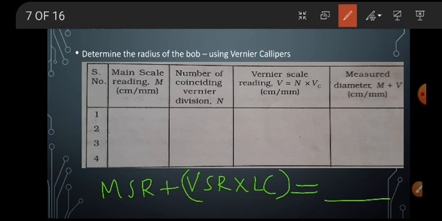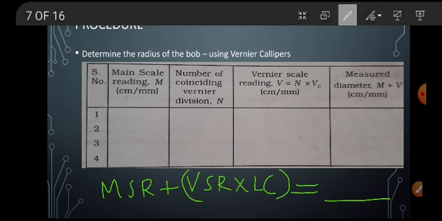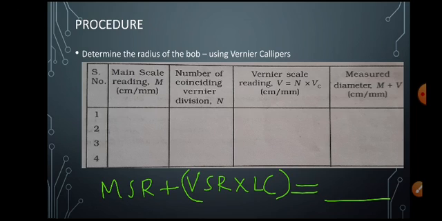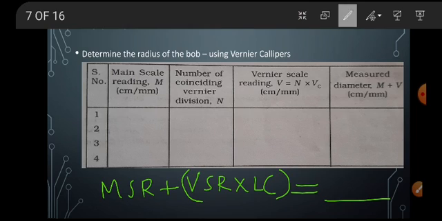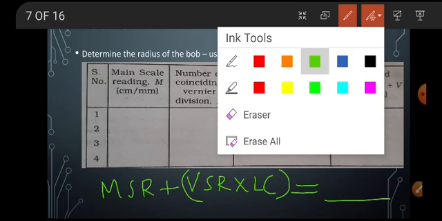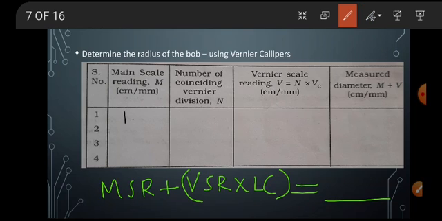Here, by using Vernier calipers, you are going to find out the diameter of the bob. For example, the first reading is 1.2 and Vernier divisions are 8. If you take 0.8 as the Vernier division, then 2.0 is the total reading.